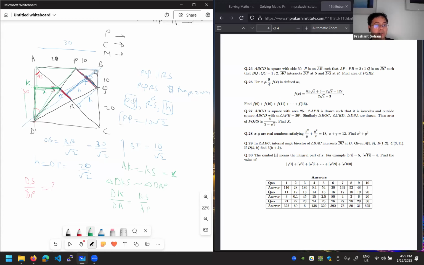So DK is what? 30 minus X. This is my X, so DK is 30 minus X. So this is 30 minus X upon 30, and KS is X upon 20. So I can solve and get the value of X. I'm going to get 600 minus 20X. So therefore 50X is equal to 600.